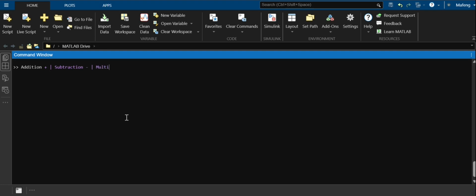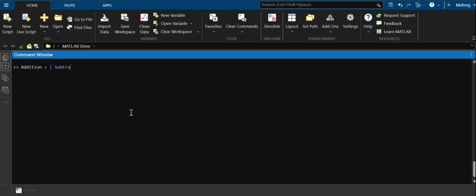For multiplication, we use the asterisk. For division, we use forward slash. And for exponentiation, use the caret symbol. Caret is shift 6.